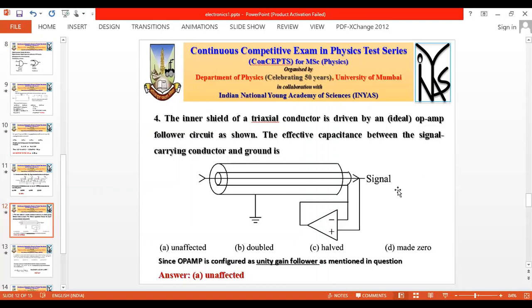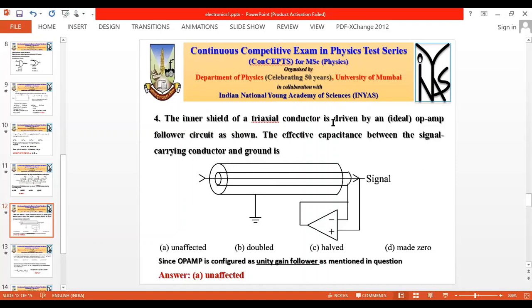In this case, what it says is that you will get some different answer actually, not related to capacitance.